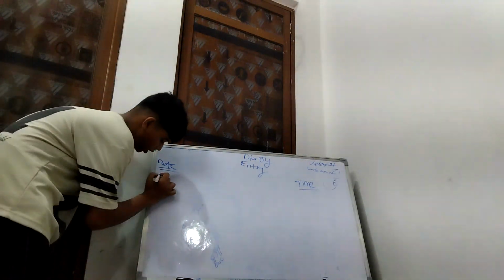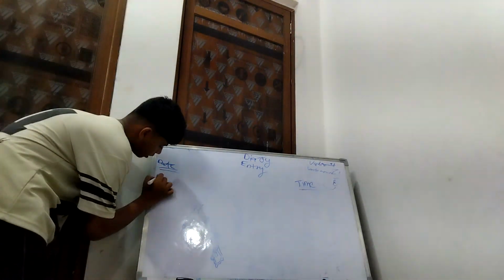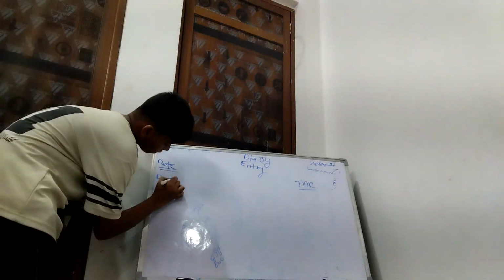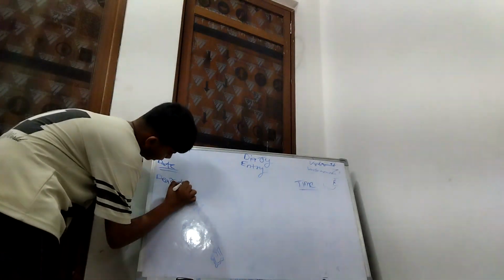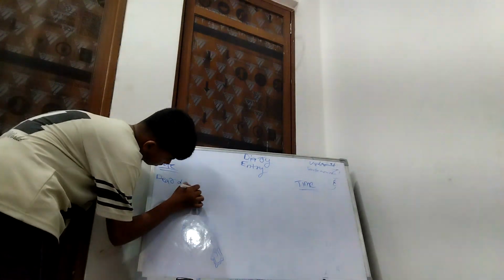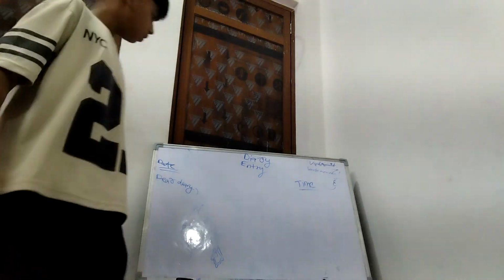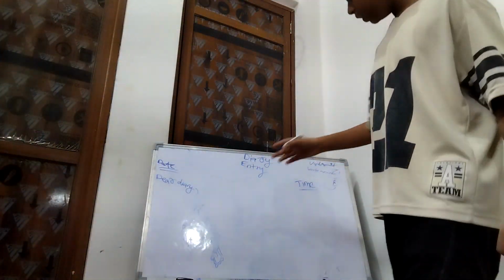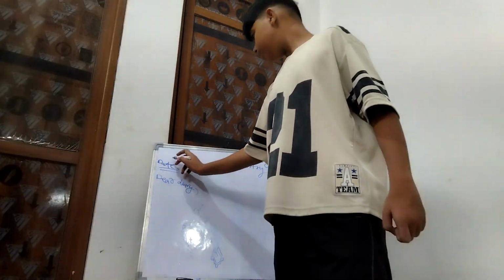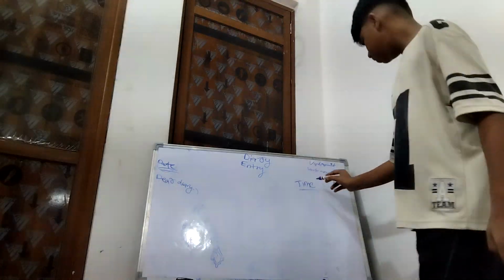Here is the time, here is the date, and then here the diary, "Dear Diary", or whatever the name of your diary is. So first the date, then the time, then dear diary.